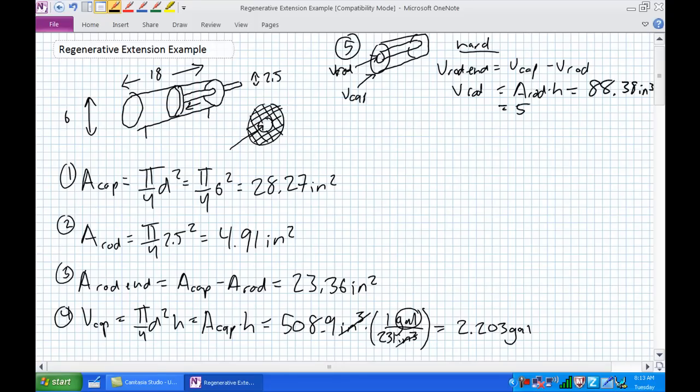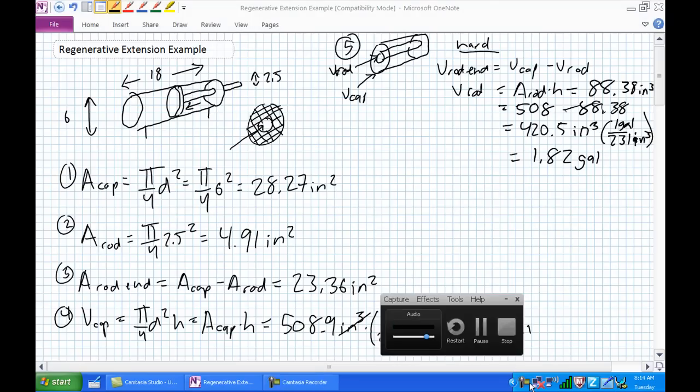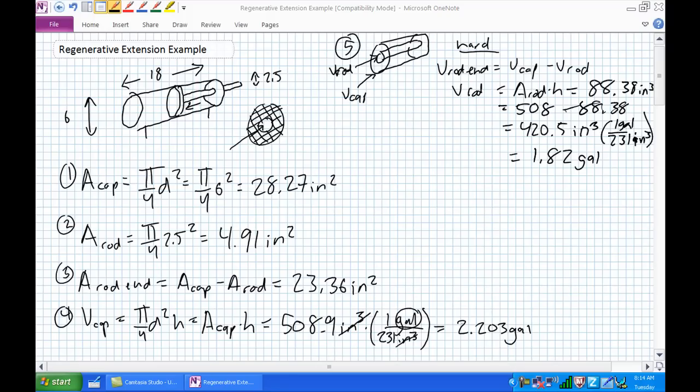So 508.9 minus 88.38 is going to give us a value of 420.5 cubic inches. Convert that to gallons, divide by 231 cubic inches per gallon, which should give us a value of 1.82 gallons. So that's the hard way. That, by the way, is volume rod end.